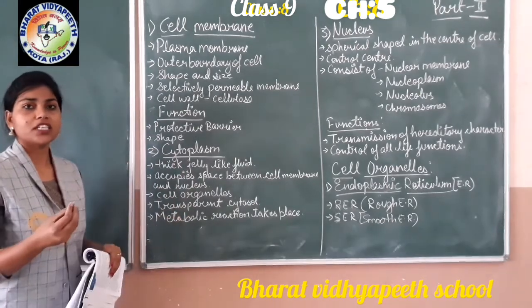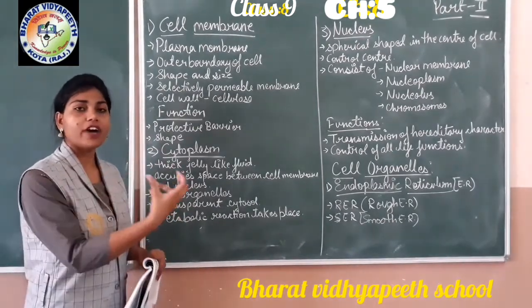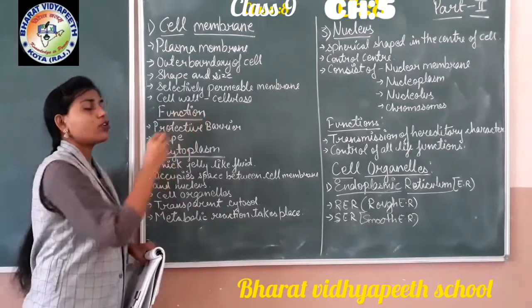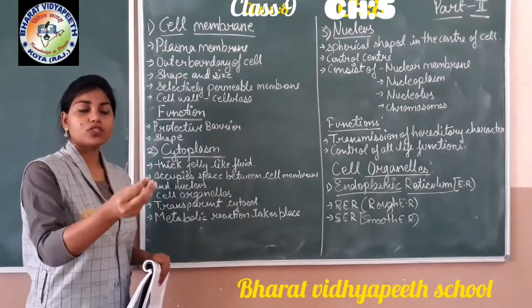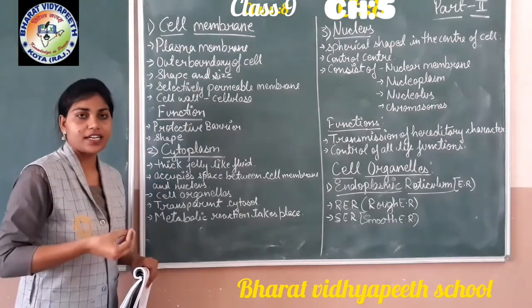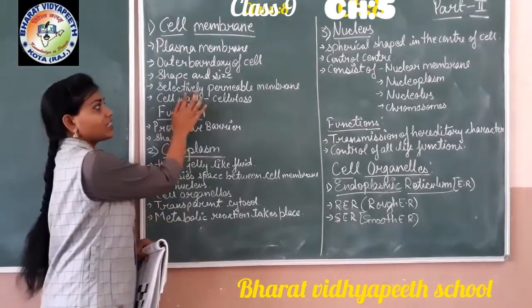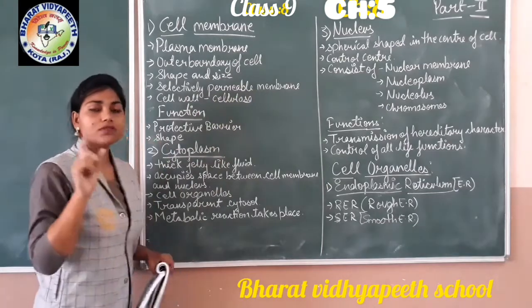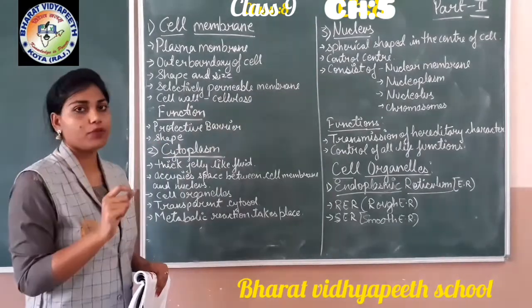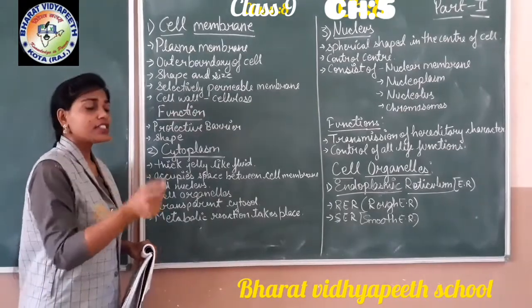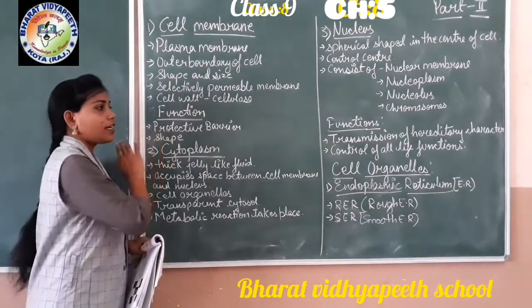Only some material from the atmosphere, from the environment of the cell. This allows only the required material from outside, from the environment, to go inside the cell. Remember, this is a membrane which allows only some kinds of material inside the cell.